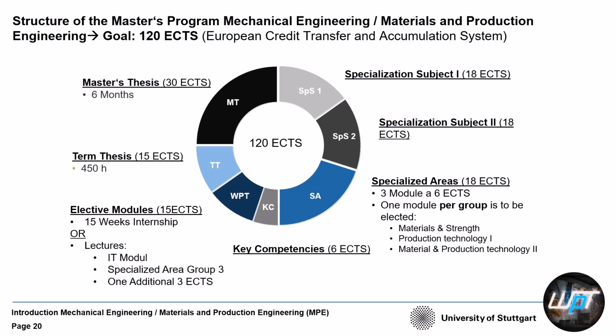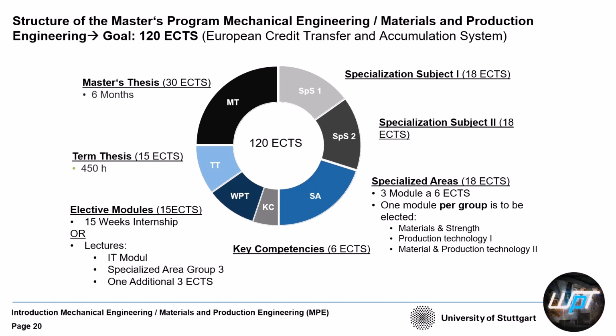But now let's have a look more thoroughly into the study course, into the study plan. We prepared this circle here just to give you an overview, and let's start with, let's say, the specialization subject 1, which gives you 18 ECTS.